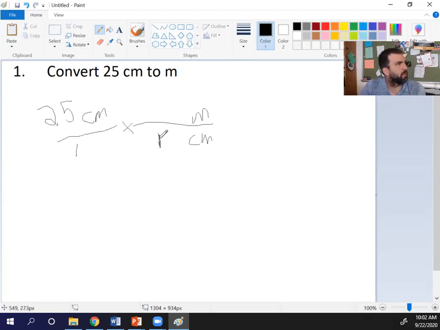And then you go look up your list of metric prefixes. And what is the value of centi? Yeah, list of metric prefixes. Google Classroom. Yes, sir.